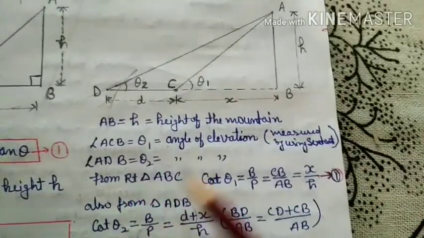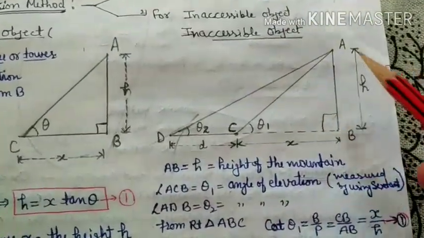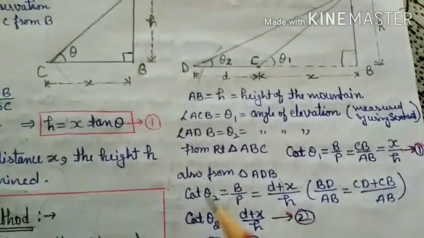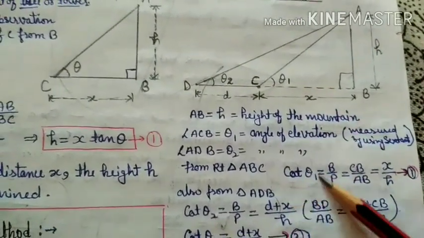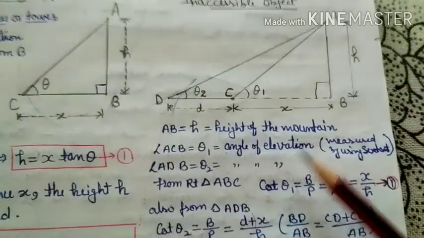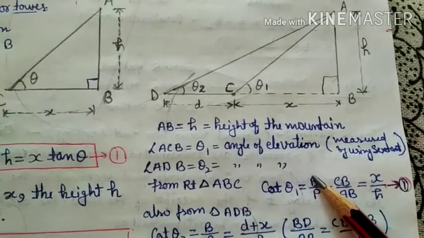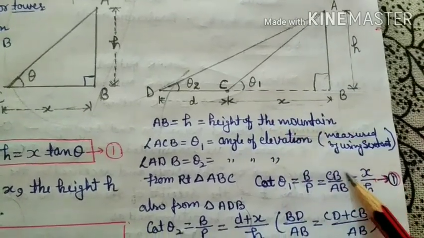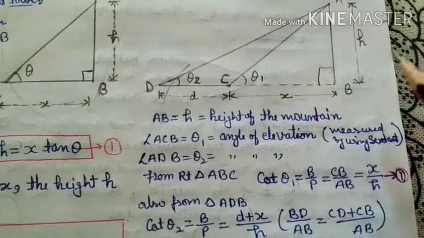Now there are two right angle triangles, ACB and ADB. From right angle triangle ABC, we use cot theta. Cot is the opposite of tangent. Tangent is perpendicular upon base, so cot is base upon perpendicular. So cot theta 1 is equal to base upon perpendicular. Base is CB, perpendicular is AB, so CB upon AB, where CB is x and AB is h.